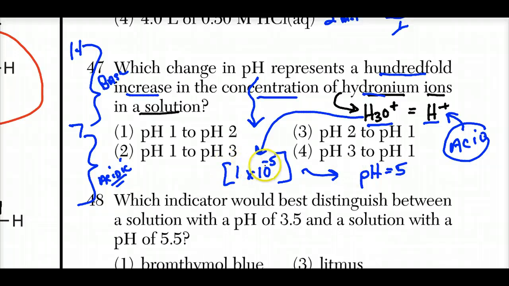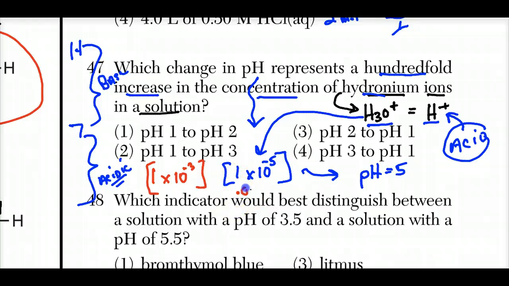If you make this increase 100 times, now what I have is 1 times 10 to the negative 3. Yes, this concentration of hydronium ions, or H pluses, they're synonymous, is 100 times bigger, right?